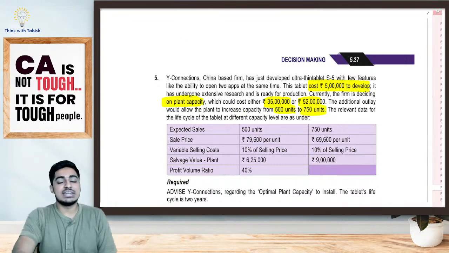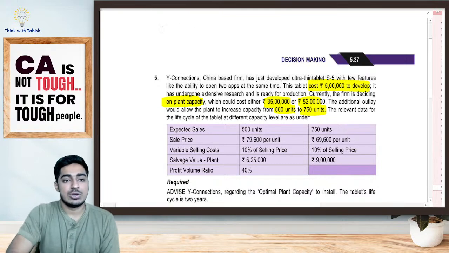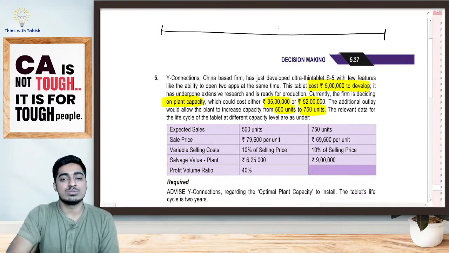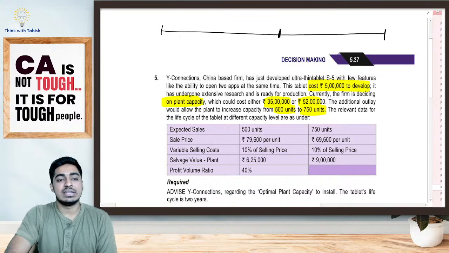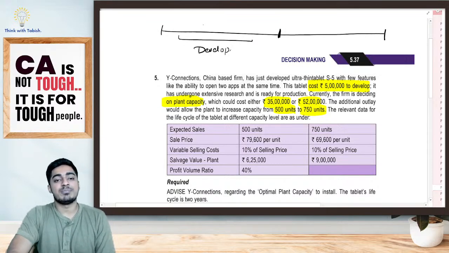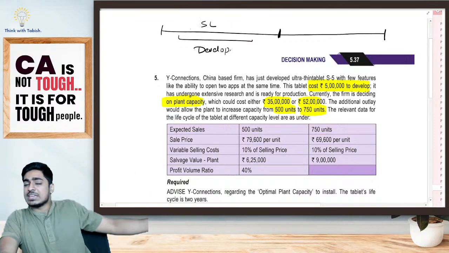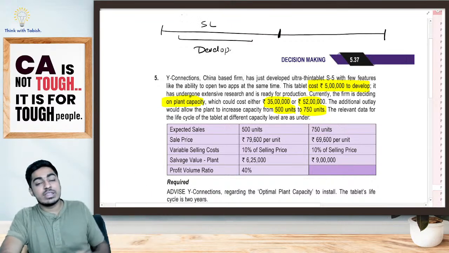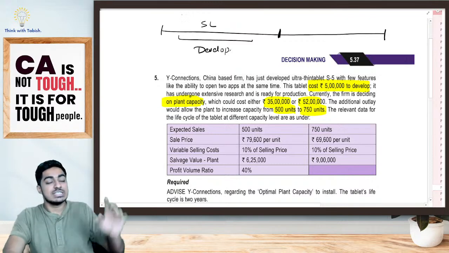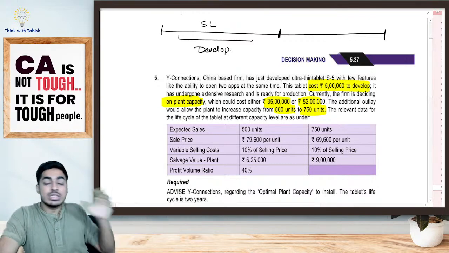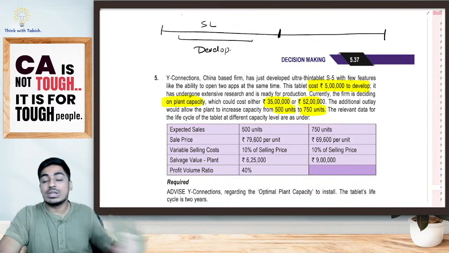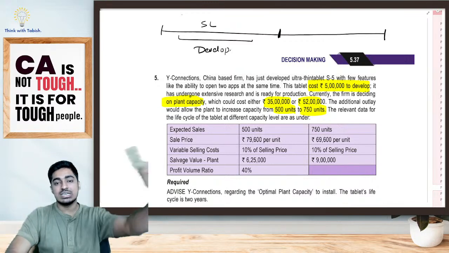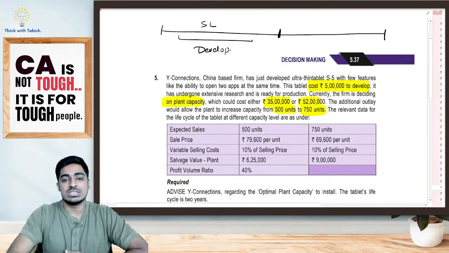Now, what is the decision we are going to take? Look at the point in time, students. Till this point we have done the development of the product. For development we have already incurred 5 lakh. Already I have paid. Now whether I start production, I don't start production, this 5 lakh is gone. It is historic. It is sunk. It has no relevance in decision making. Now what is the decision I am going to take, students? What is the question telling?